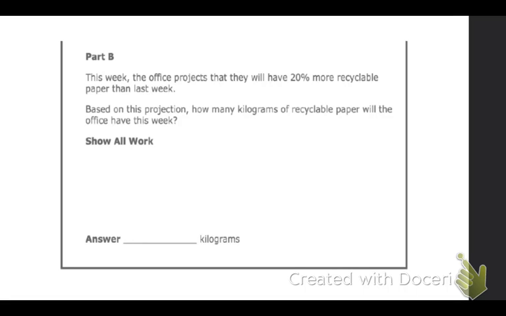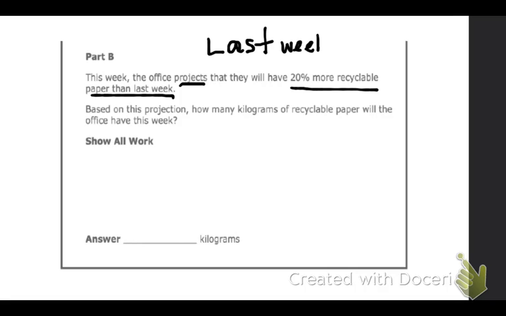Part B. So this week, the office projects, okay, they're making a projection that they will have 20% more recyclable paper than last week. Okay, I'm going to write a note up here to myself. Last week they had, okay, so we have to go back to our equation and figure out what n was.